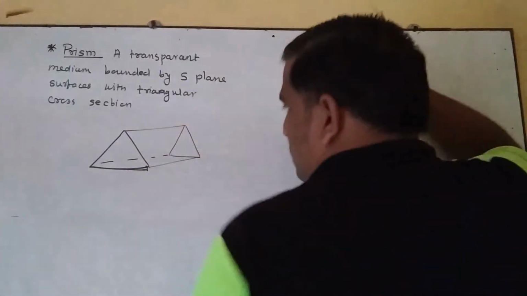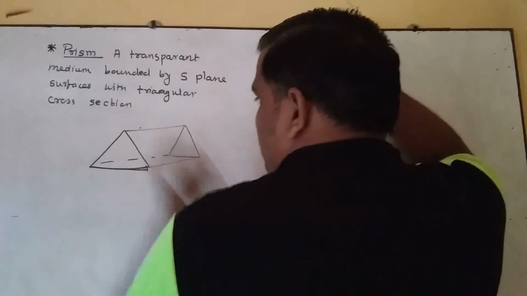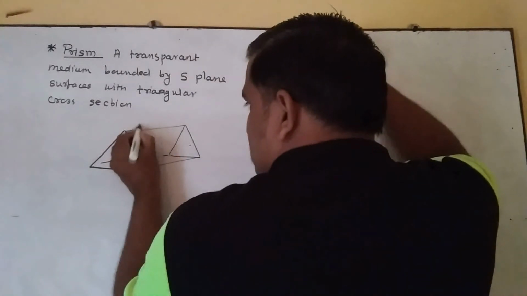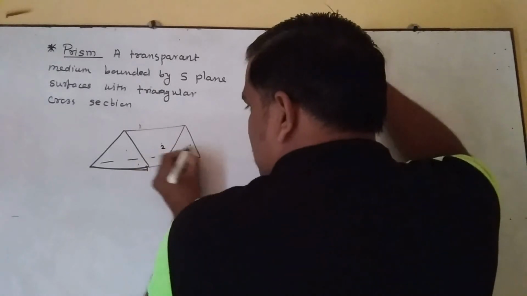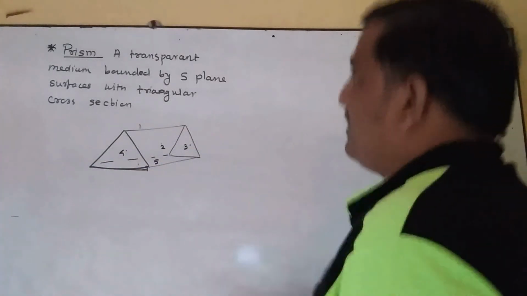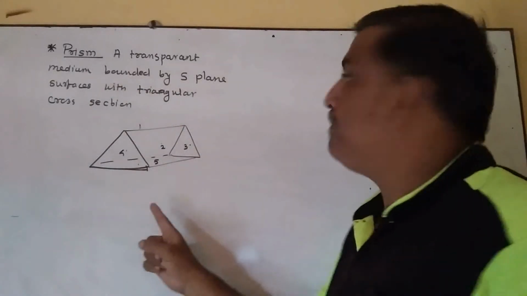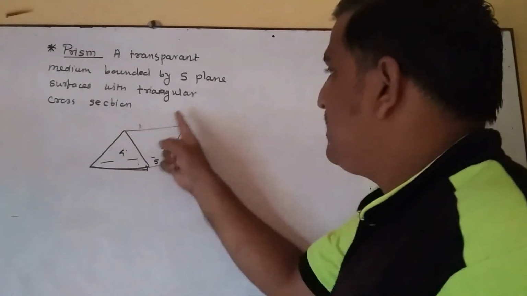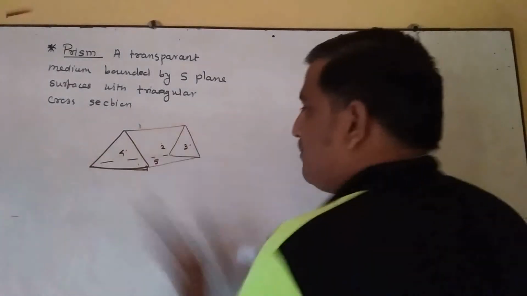Here this is the first plane, this second plane, third plane, fourth plane, and the base is the fifth plane. So this is a transparent medium bounded by 5 plane surfaces and having a triangular cross section.